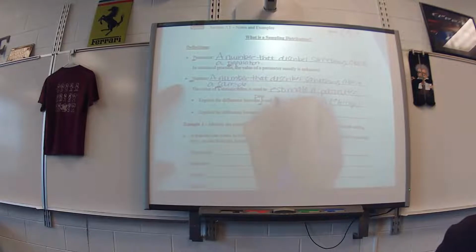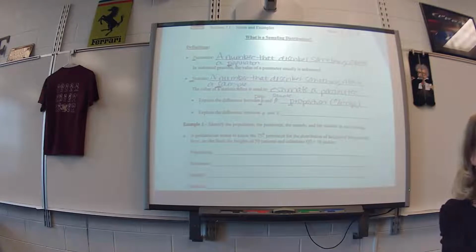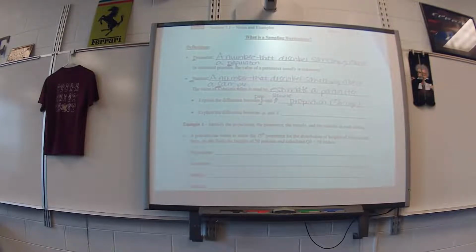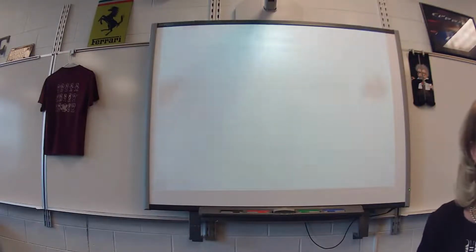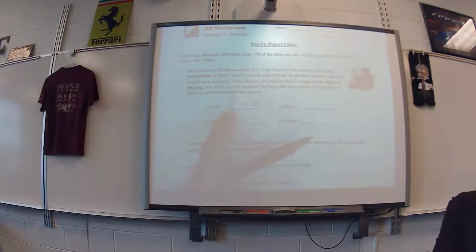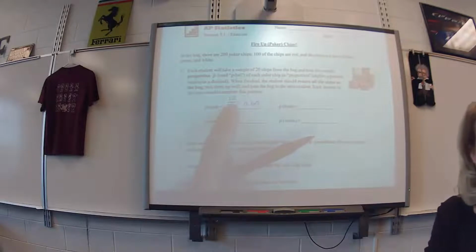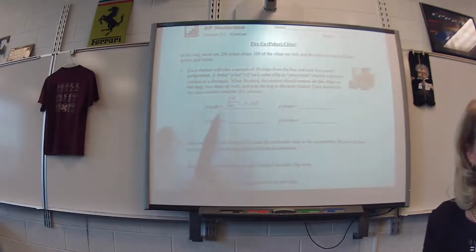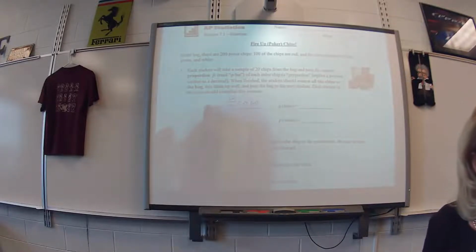If it's P hat, that's from a sample. So what you are calculating right now is a whole bunch of P hat values, because you're taking only 20 poker chips out of the population of 200, and then you are calculating how many red you have. So you're calculating a proportion, say 60%, out of just the sample.